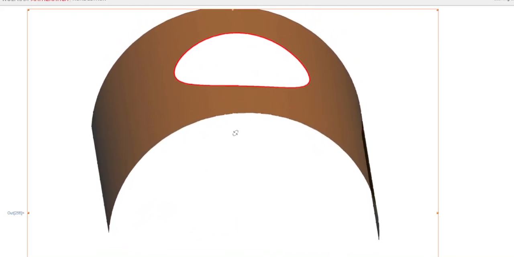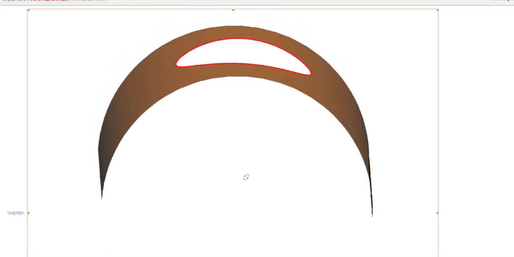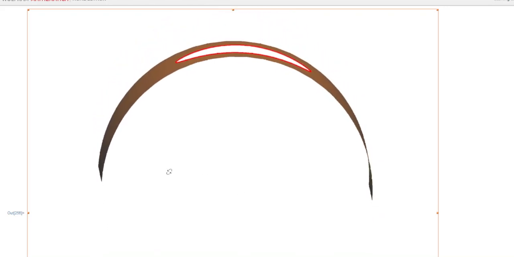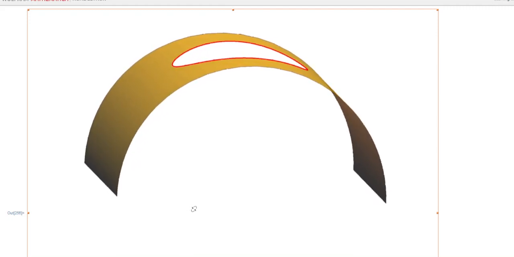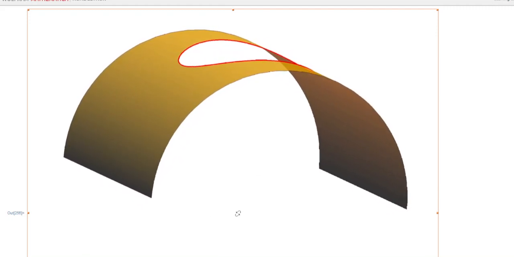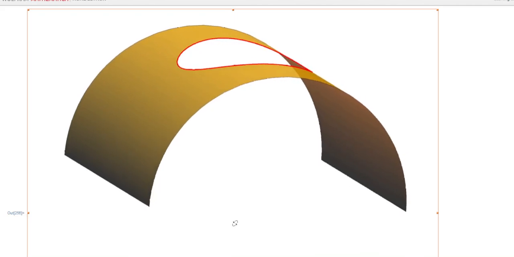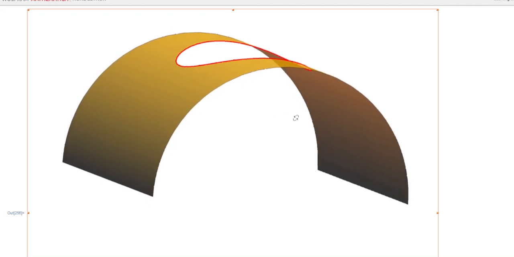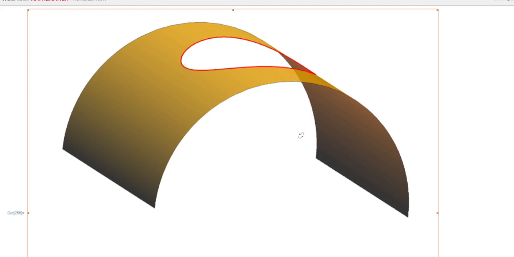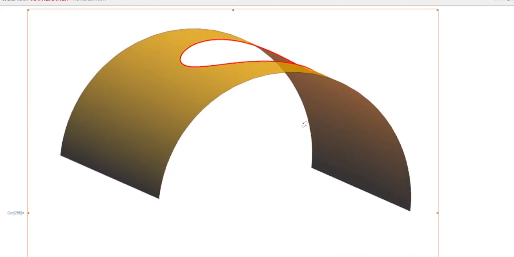And then another very interesting phenomenon is what are viewpoints, say on a viewing sphere, for which the curve will have a cusp. So here's a cusp, and you can see that the cusp always happens at the transition.